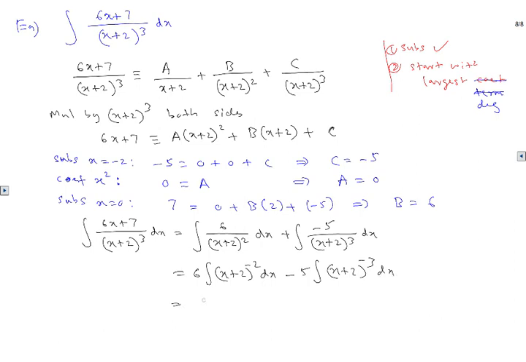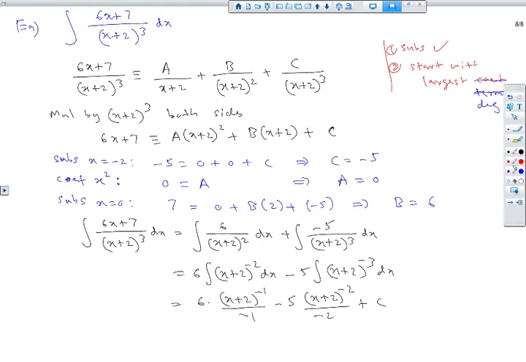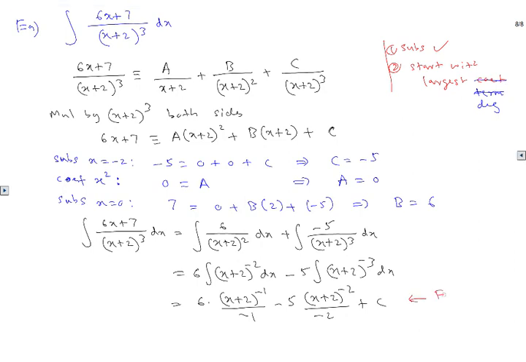If you use the power rule, you're going to get 6 times x plus 2 to the negative 1 over negative 1, from the formula, and then minus 5 times x plus 2 to the negative 2, add 1 and divide by that, also from the formula.